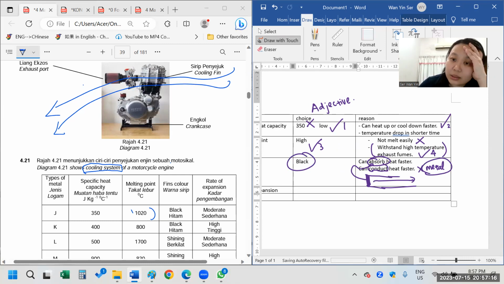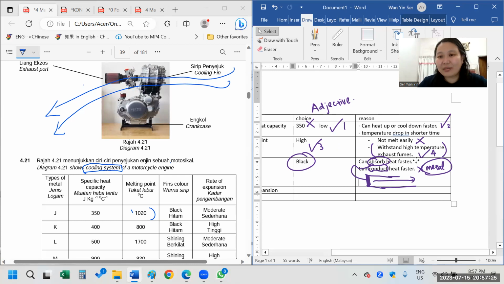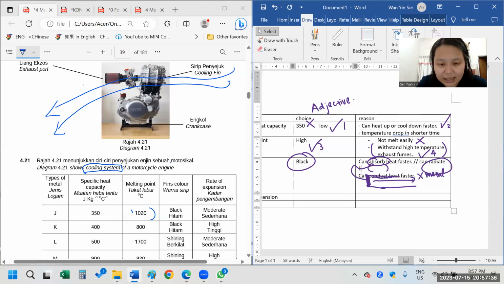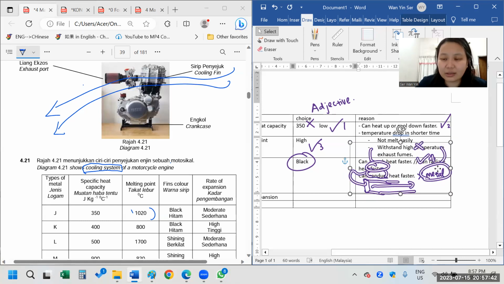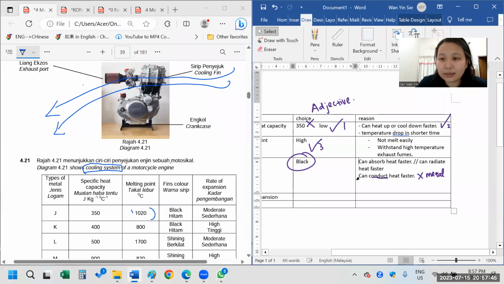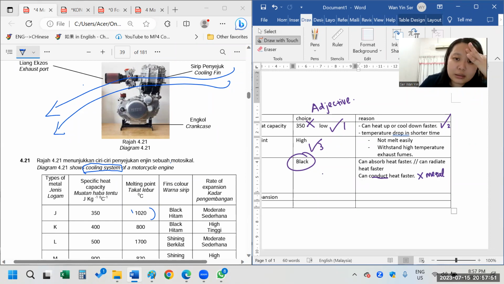Then one more reason is radiate. Should it be radiate heat? Yes. One more, correct. One more is here. I have no space, I already draw here. So one more you can write. Can radiate heat faster. Don't use conduct. Okay, absorb means the heat absorbed on the surface.